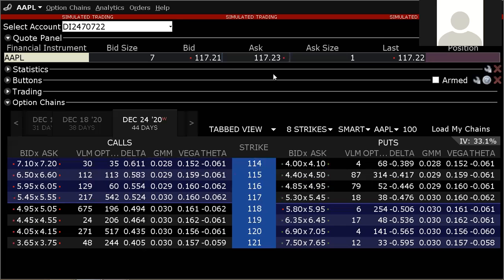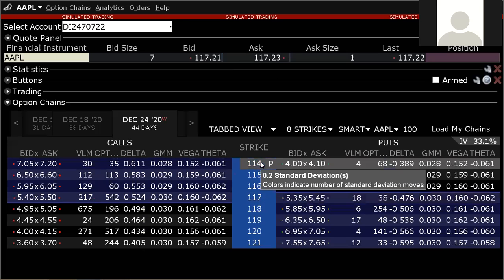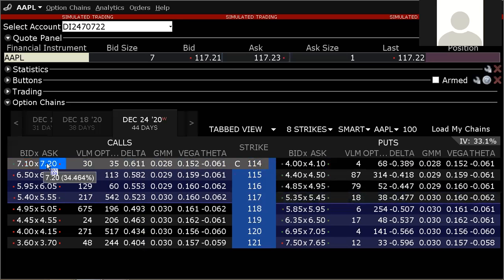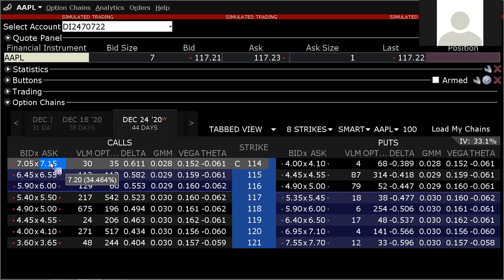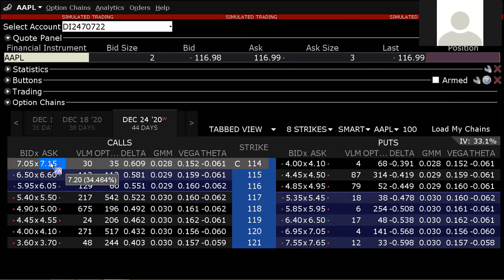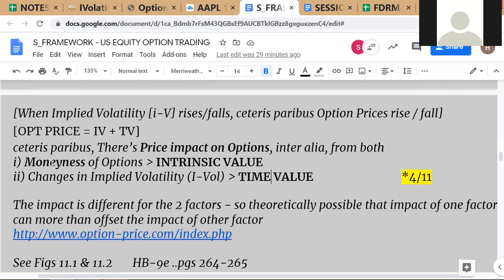So if the strike is fixed, then the strike is not going to change. But the price of the option can still change because the IVs may drop. The IV, remember, is an index of option prices. So if there is less demand for options in general, then the IV will start to drop. That is what you're seeing here. This is how you try to make sense of all this.